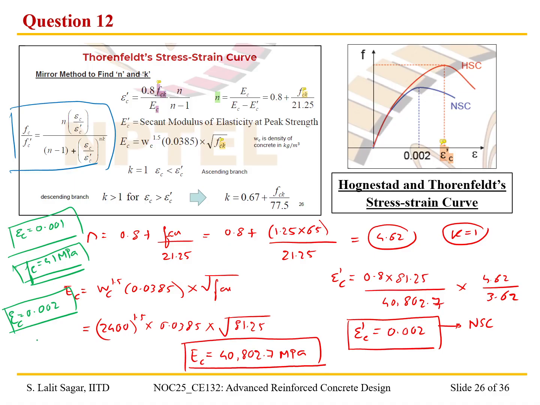And when I substitute the value corresponding to epsilon c is equal to 0.002, upon simplification, we get the value of fc as 65 MPa.